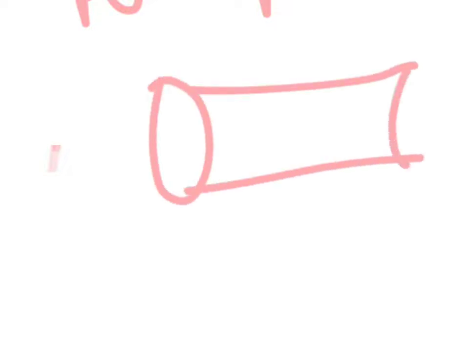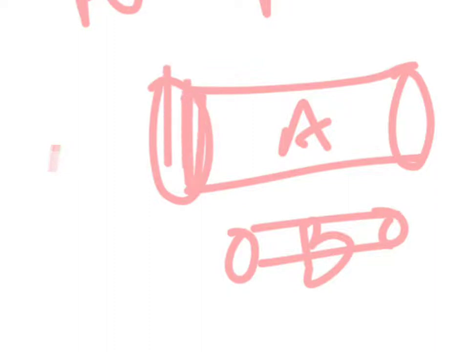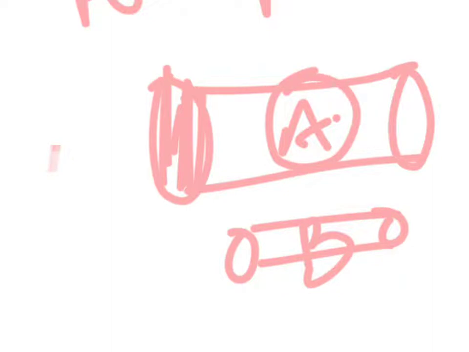This means if we have two conductors, conductor A and conductor B, the thickness of conductor A, as you can see from the slide here, is more than the thickness of conductor B. Since resistance is inversely proportional to area of cross section, conductor A has a larger area of cross section, so its resistance will be lower.